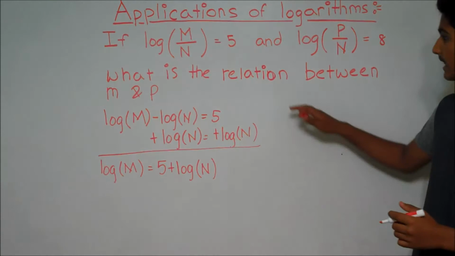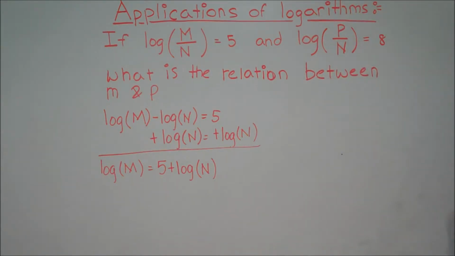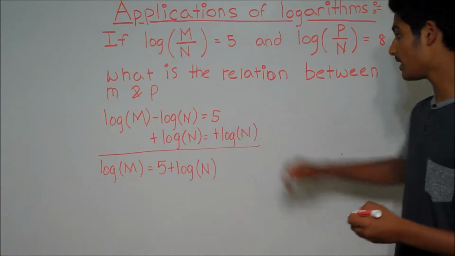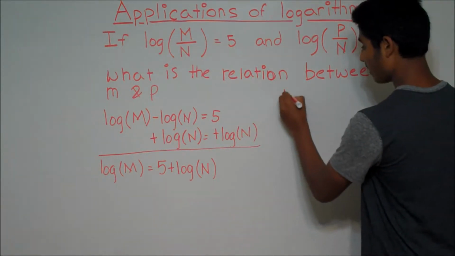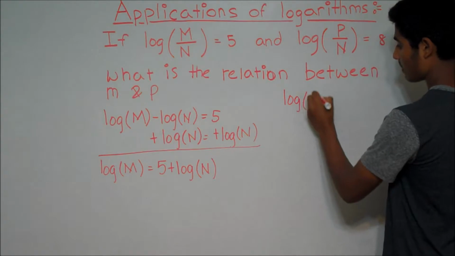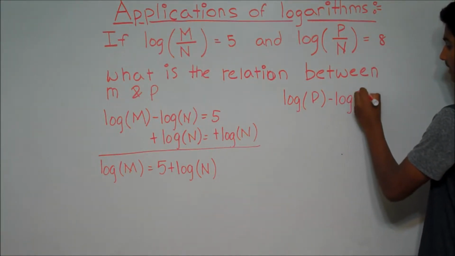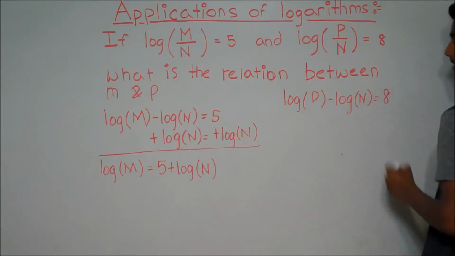So now let's do that for log of p over n is equal to 8. Using the same property of logarithms here, we get log p minus log n is equal to 8.